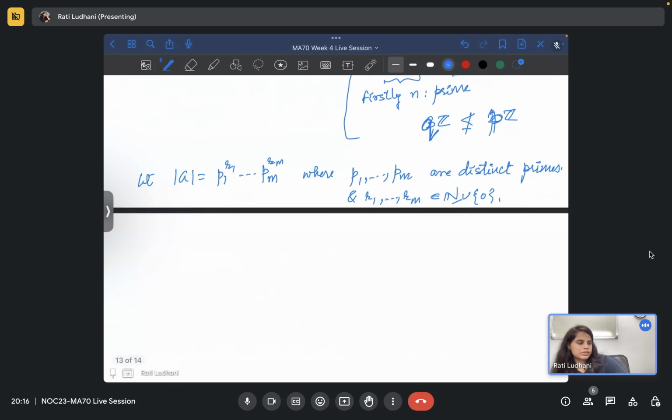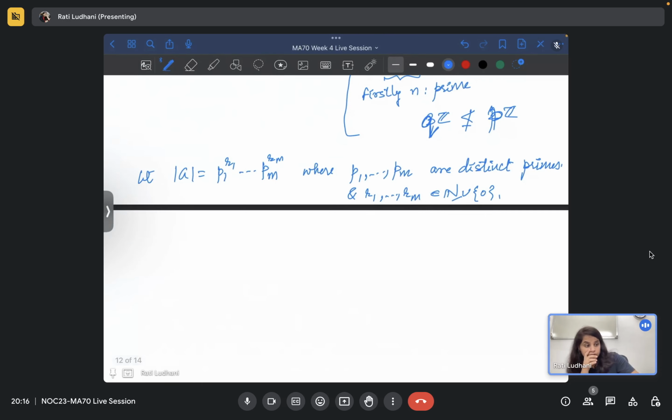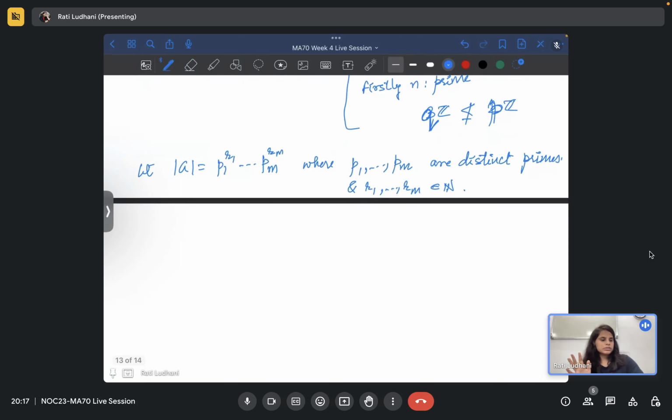Whether zero is there or not, this makes sense. So we have taken prime powers, we have separated the prime powers here.